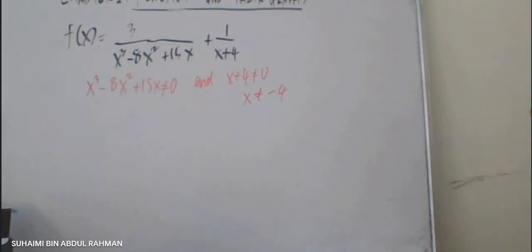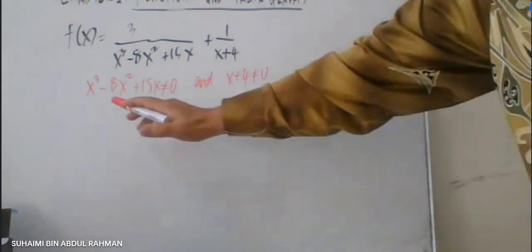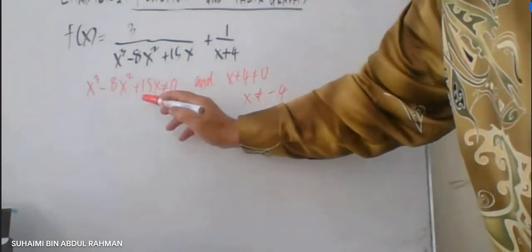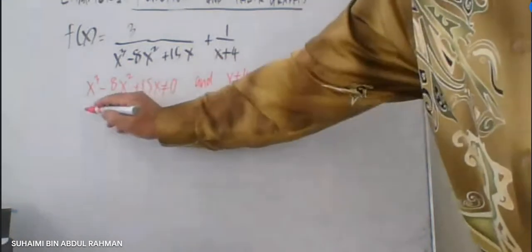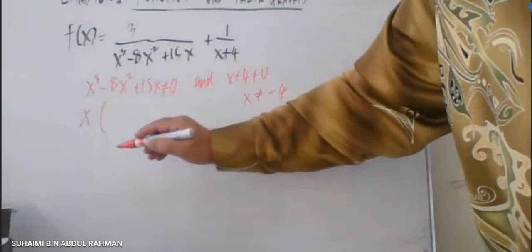Factorize. So how to factor x cubed minus 8x squared plus 15x? Remember that we have three terms here. They consist of x, so make x the common factor.